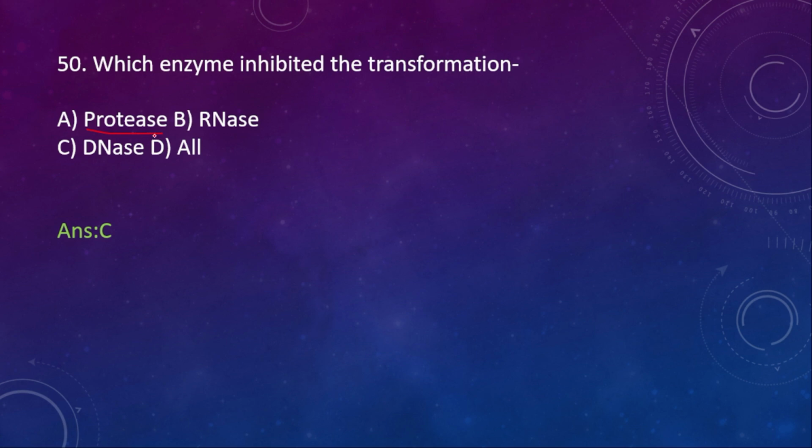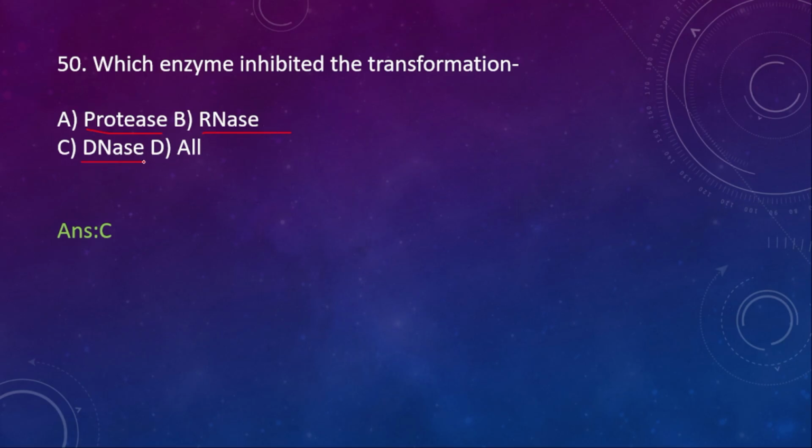This enzyme digests the protein. When it is added, transformation still occurs, meaning protein was not the genetic material, isn't it? If I am using RNase, the enzyme digests RNA. When it is added, transformation still occurs, meaning RNA was not the genetic material.